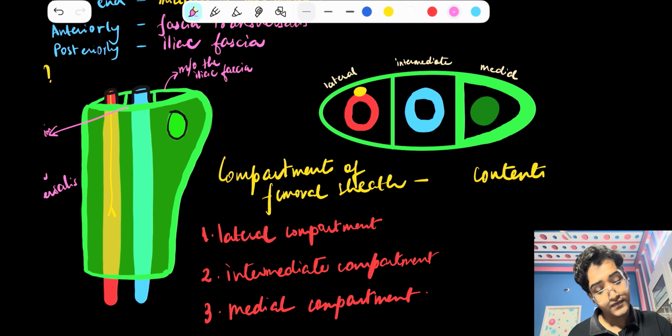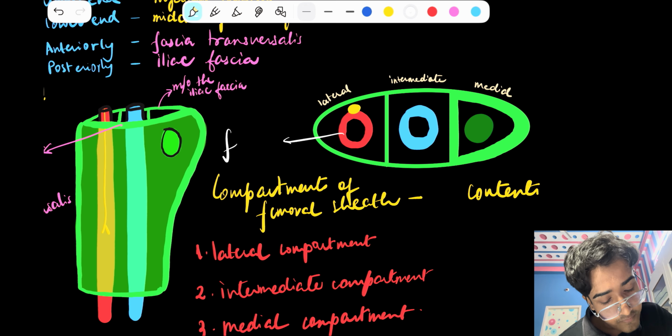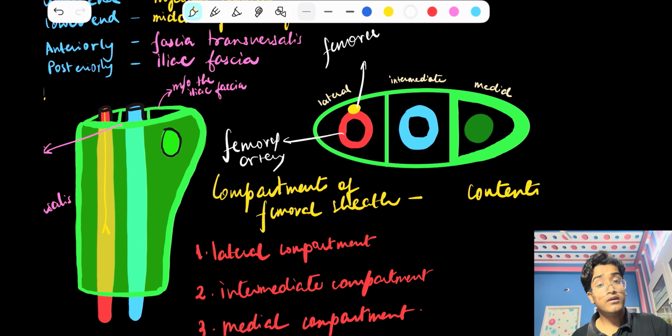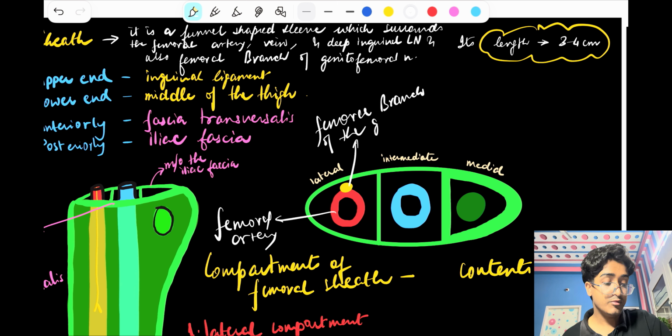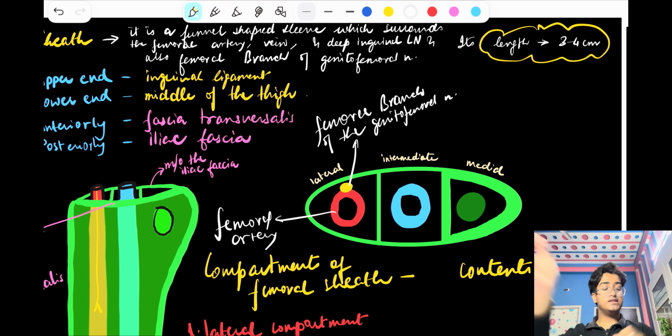The lateral most compartment contains the femoral artery and the femoral branch of the genitofemoral nerve.